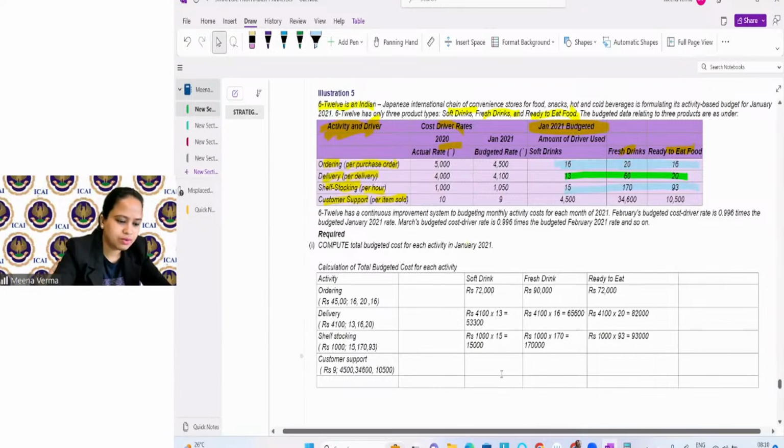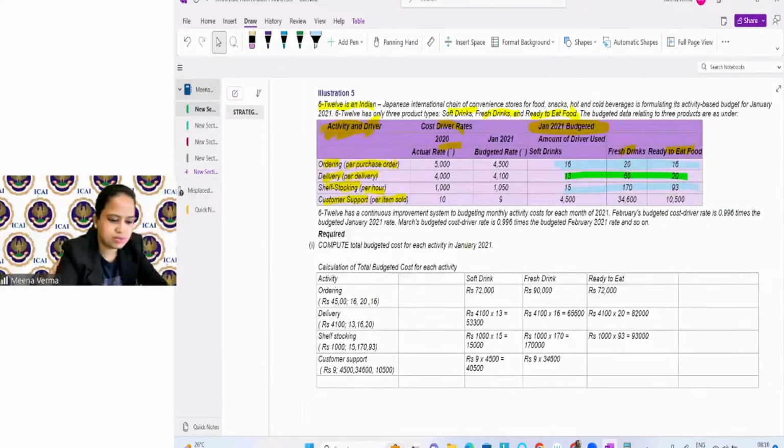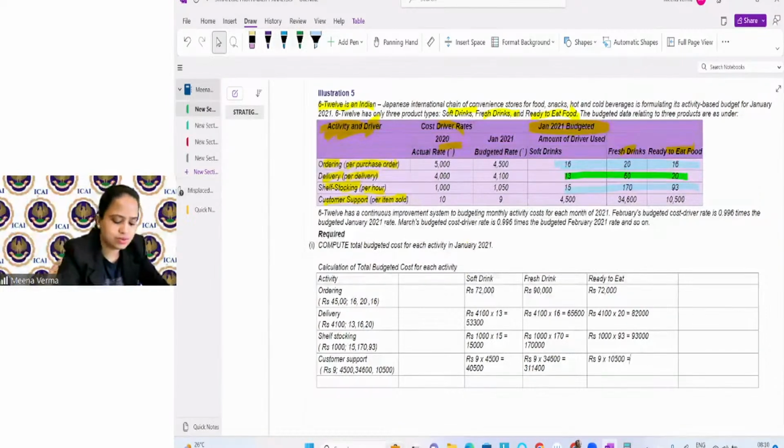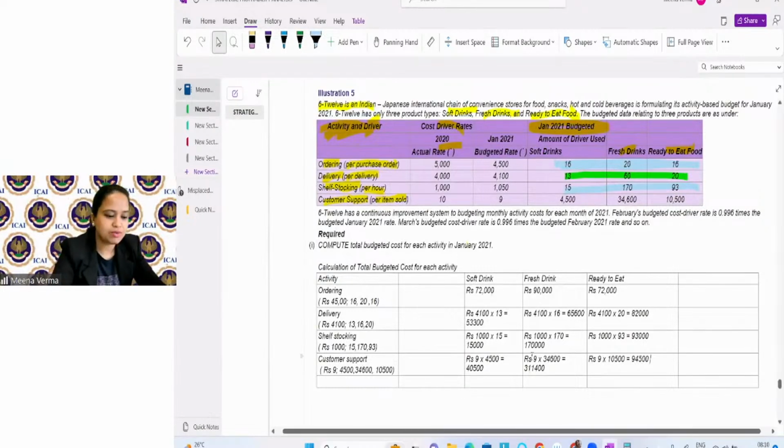Then rupees 9 into 4,500, 9 into 3,460, and 9 into 10,500. In this way, find the sum of the values, and you will get the budgeted cost.